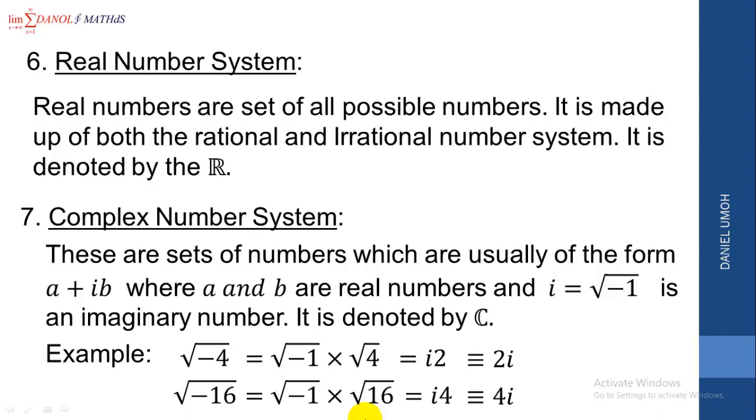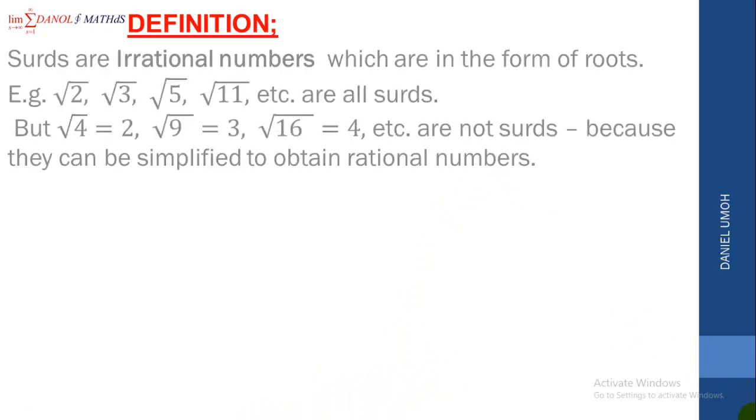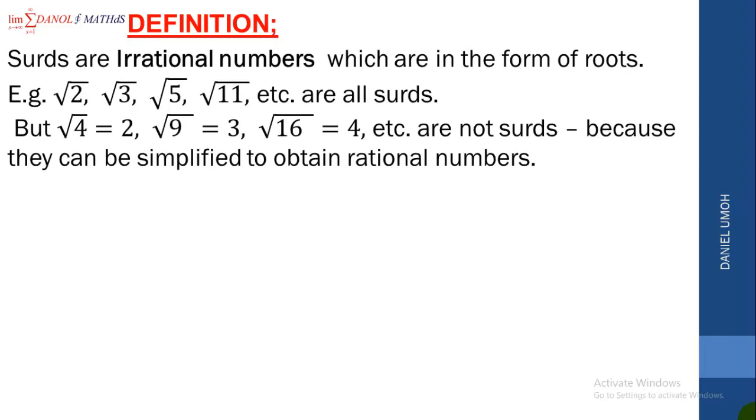Okay, now let's look at the definition of surds. I told you earlier that before we delve into the concept of surds, you need to understand the 7 types of number system we have. So having understood that, now what are surds? We say that surds are irrational numbers, note the word, irrational numbers, which are in the form of roots.